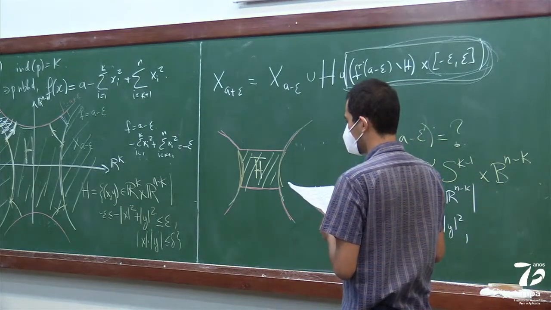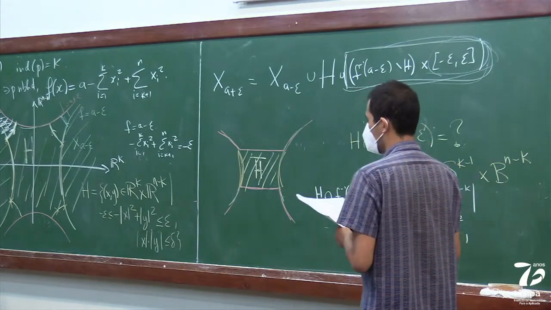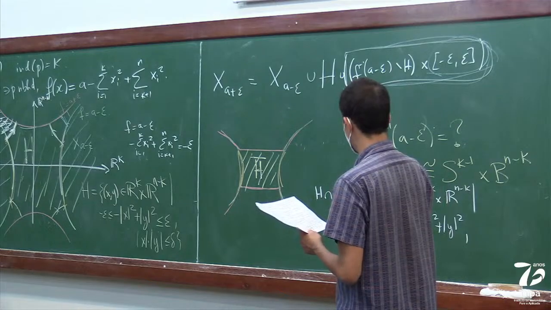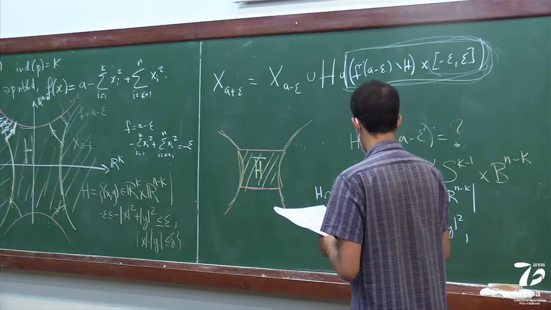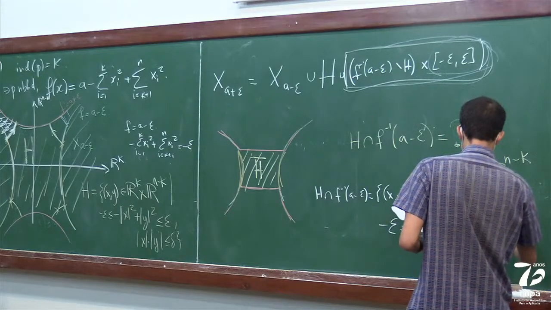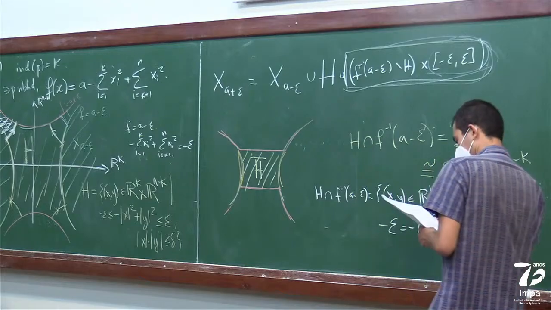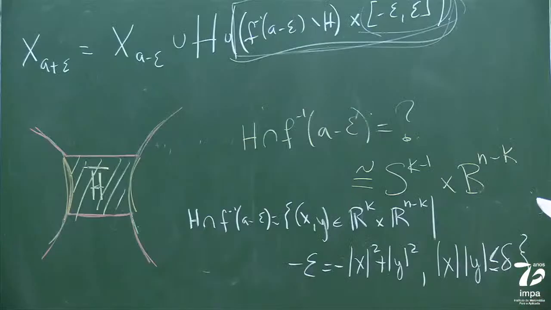Let me write it bigger, because people need to see online too. And norm of x, norm of y is less than or equal to delta.